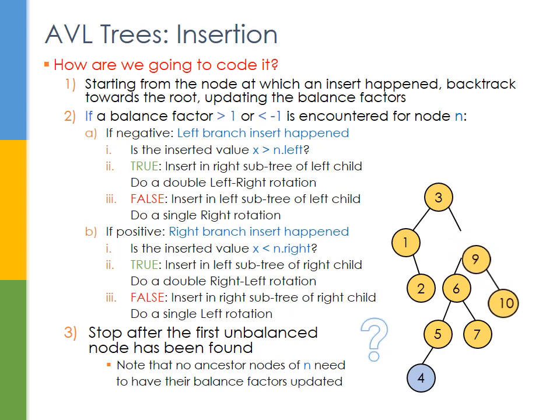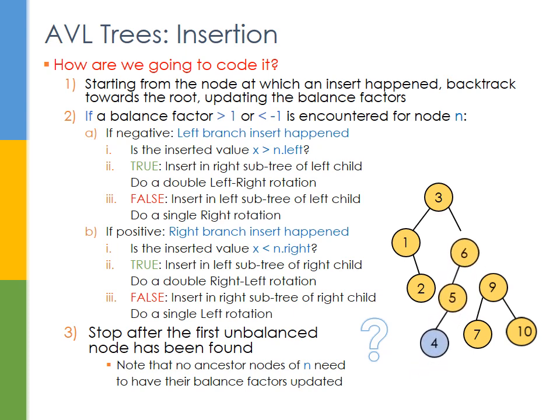So this rotation will then move the node 9, which was unbalanced, down. It will then connect the right subtree of the left child as the left child of the node that is just rotated down, and then we rotate node 6 up and connect that to node 9, which has rotated down now.